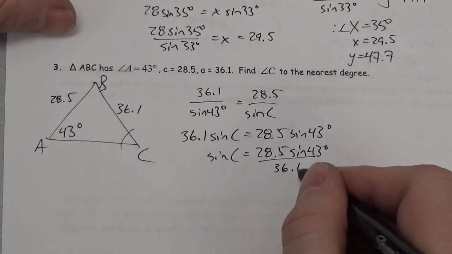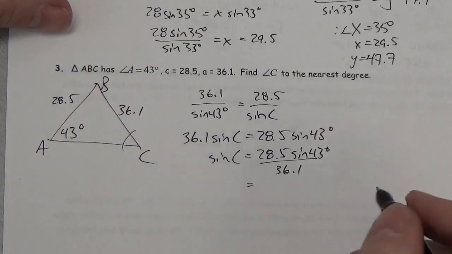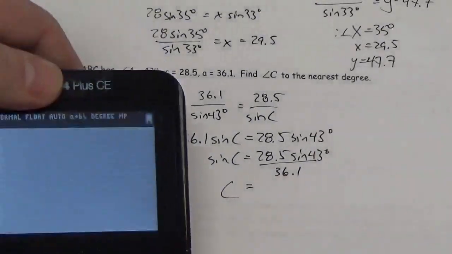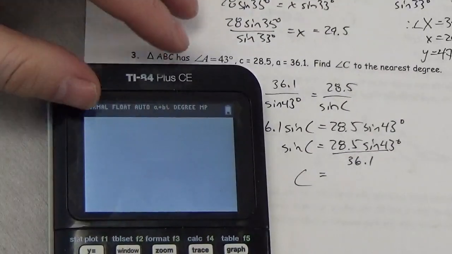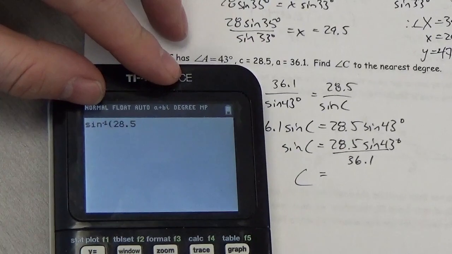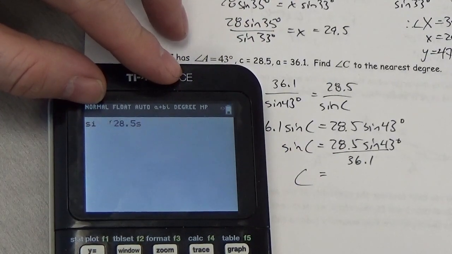I tell you what, just for fun, let's call it cross multiplication. And so now, to get what c is, I'm going to take the inverse sine of 28.5 times the sine of 43 divided by 36.1.